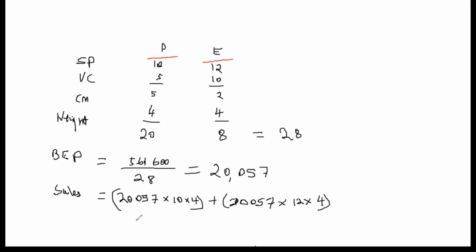So that will give us 802,280. Those are sales for P, plus 20,057 times 12 times 4.